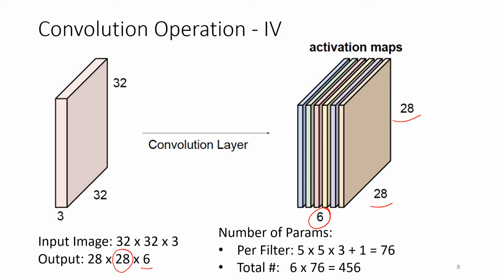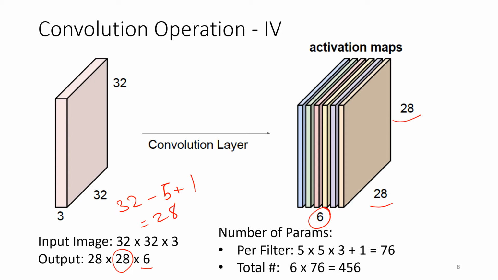The reason is we had 5 by 5 filters, and there are only 28 positions where you can put a 5 by 5 filter in a 32 by 32 input image. So we get 32 minus 5 plus 1, which is 28. That's where this 28 comes from.